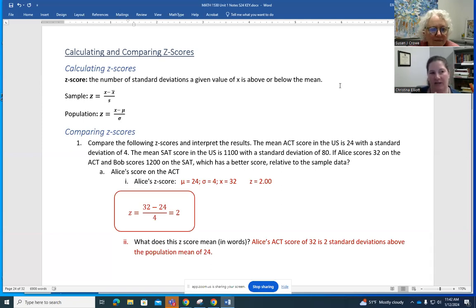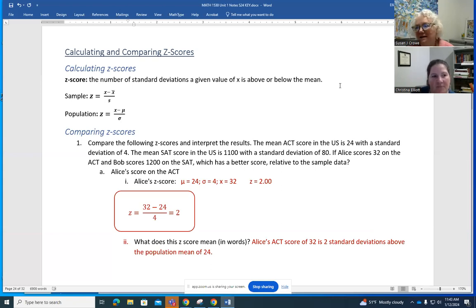If my standard deviation tells me how spread out my data is, and our usual values are within 2 standard deviations, I might want to know how much my data value is above or below the mean. The first example goes back to comparing apples and oranges.